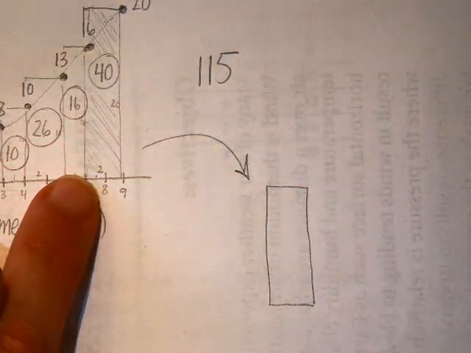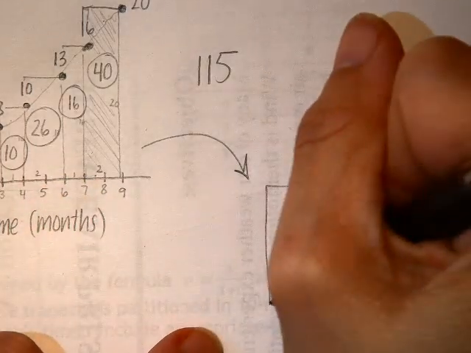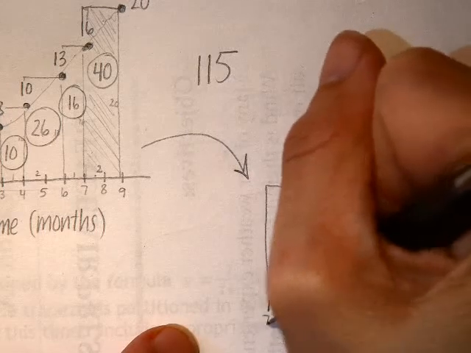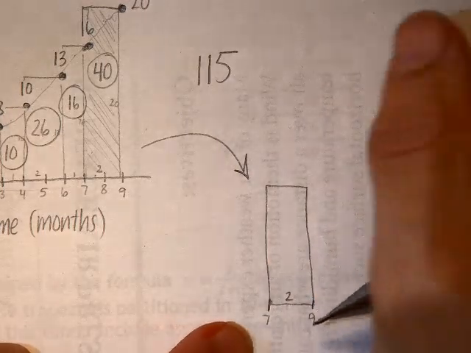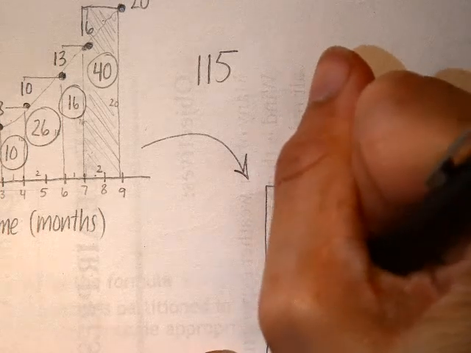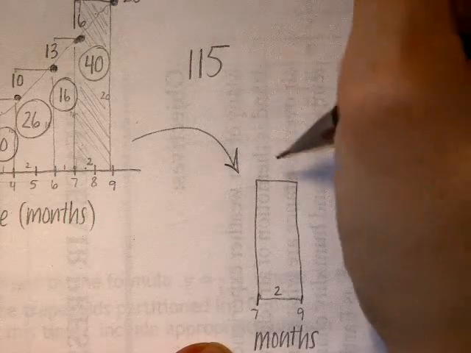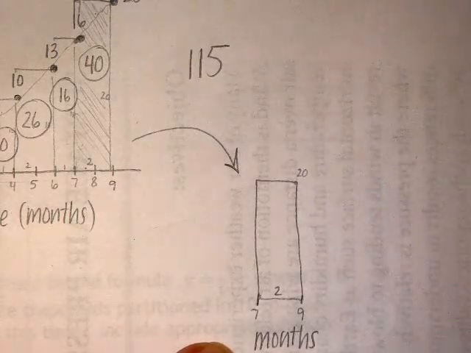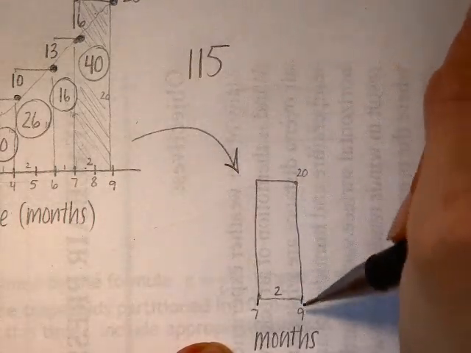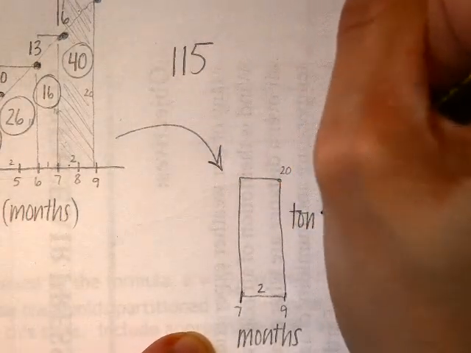I'll kind of shade in the one that I'm talking about. When I measured its base of 2, that was the gap between month 7 and month 9 on my graph, and because that gap was measured in months, we know that the base of each rectangle was a value of months. When I got that the height was 20, the 20 was the y-coordinate that represented the data point of tons per month.